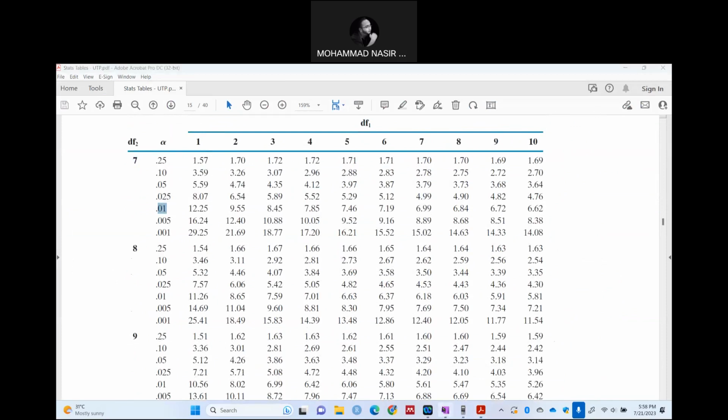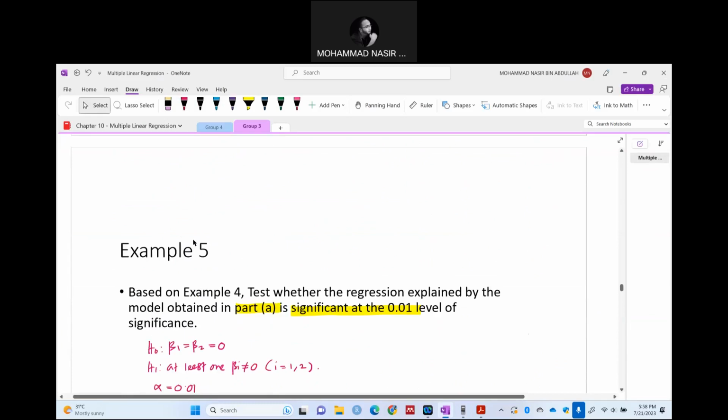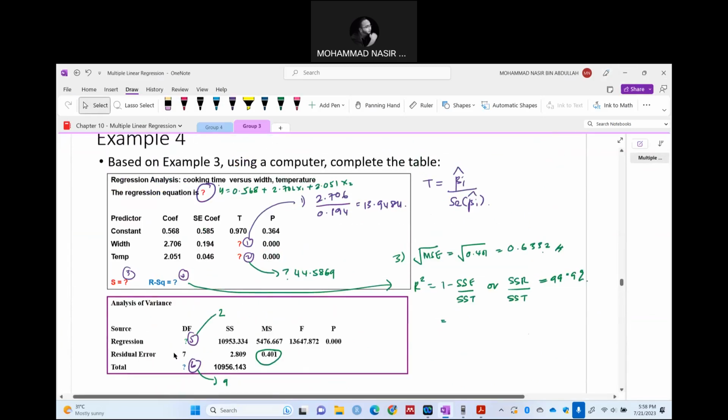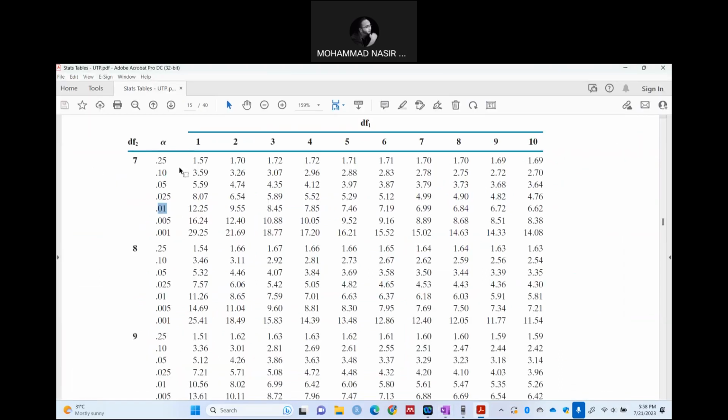Wait, this is based on 0.01. Right. 2 and 7, right? So this is degree of freedom number 1, 2. Degree of freedom number 2 is 7. And we look at the alpha value, which is 0.01. So this is the F critical value, 9.55. Boleh faham? You know how to read the table?